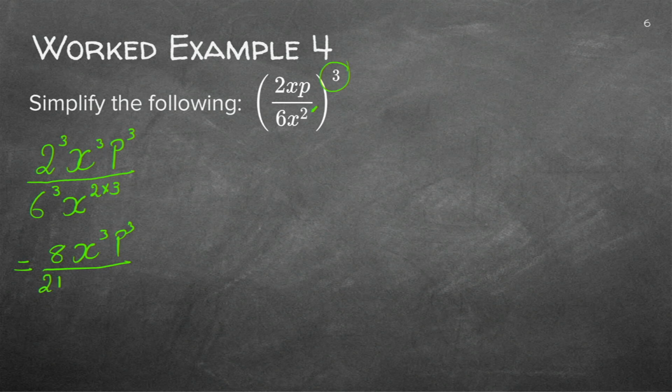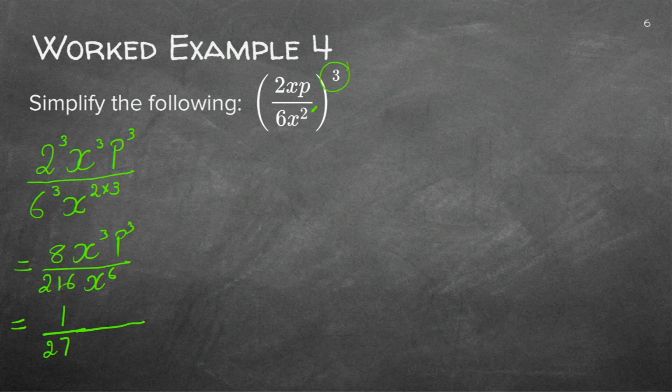It is 216, x to the power of 6. Now once you find yourself in such a situation, you ask yourself, what is 8 divided by 216? So 8 divided by 216 will be 1 over 27. Okay, so it's 1 over 27. So 8 goes 27 times in 216.